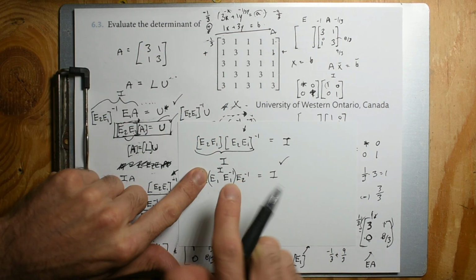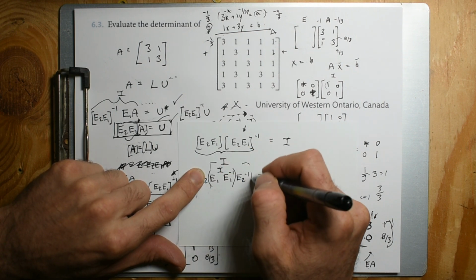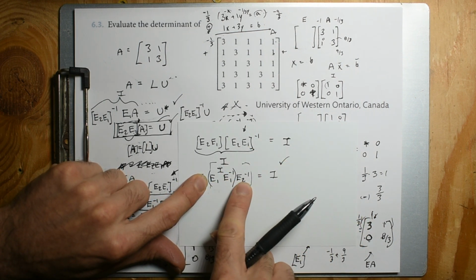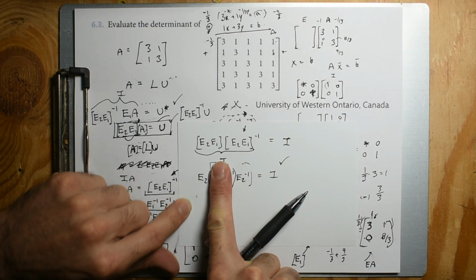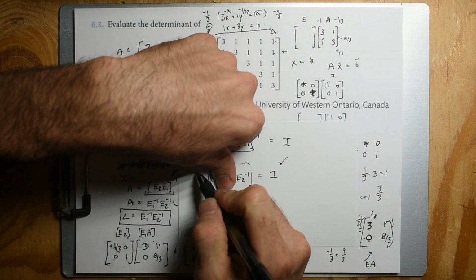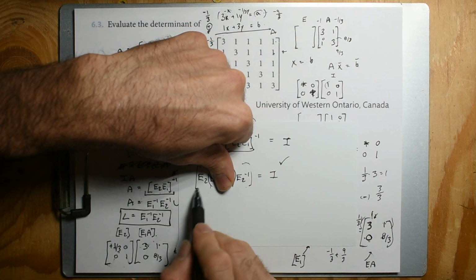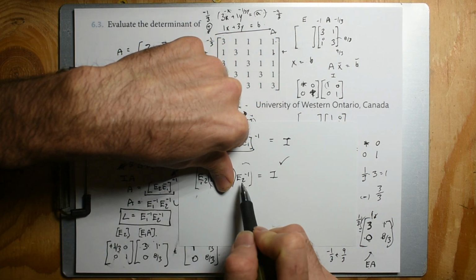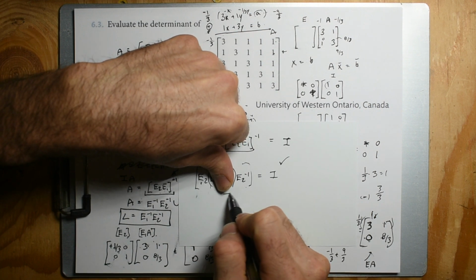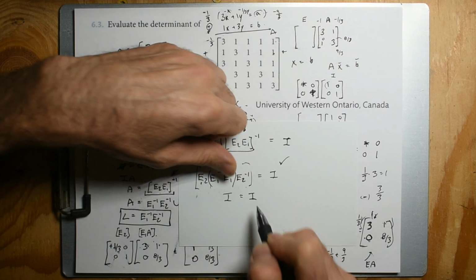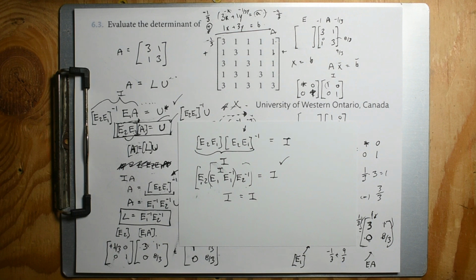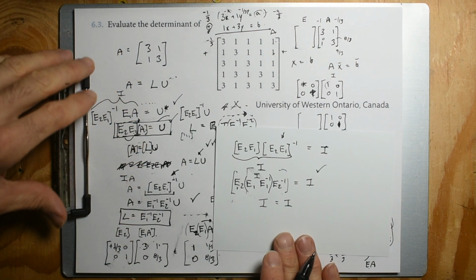I could have then done this over here, this identity times this is just that. So this goes away, and now I can put my next brackets between these two. And this is a matrix times the inverse of that matrix. This is the identity, and we have the identity is equal to the identity. Hell yeah.